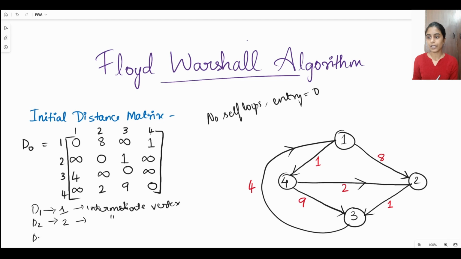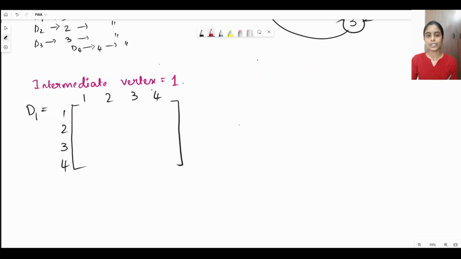Similarly, we will get D3 and D4, wherein vertex 3 and vertex 4 are the intermediate vertices. So intermediate vertex means we are looking for paths between the pair of vertices via the intermediate vertex. So let us see.